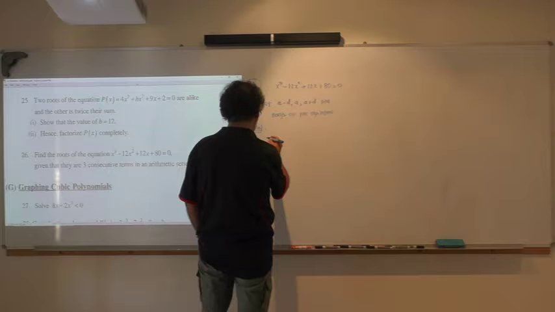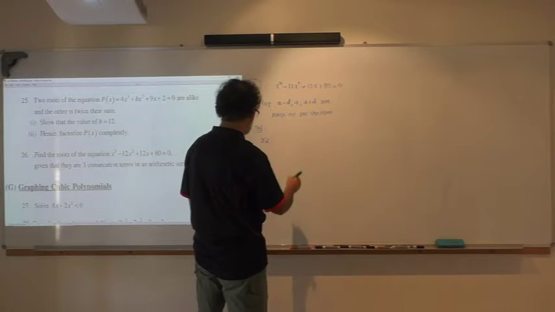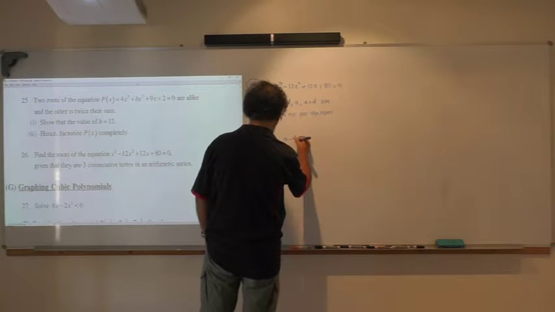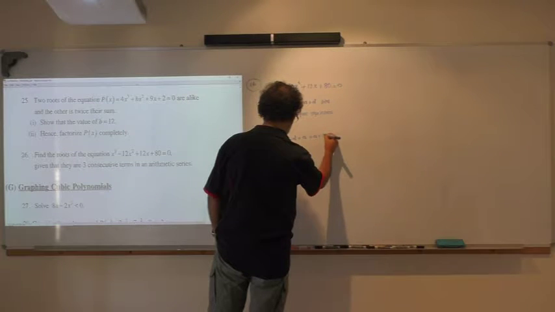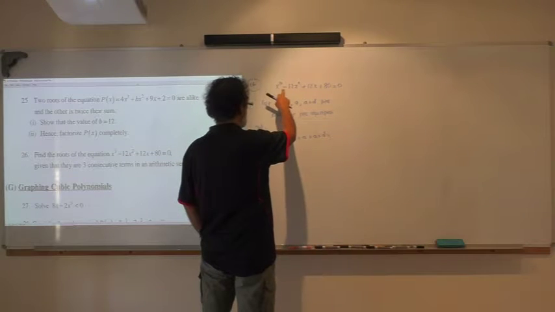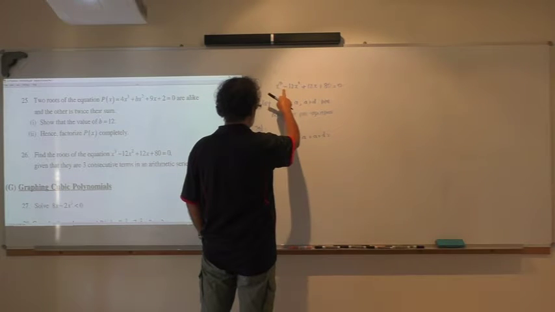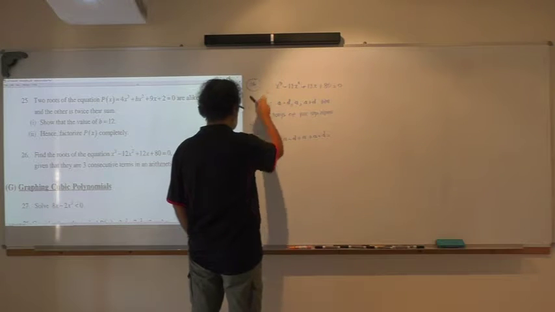Okay, so the first part is when you add them together, so it's the sum of them taking one at a time. So it's going to be a minus d plus a plus a plus d. That is equal to negative 12 divided by positive 1, so it's going to be 12.